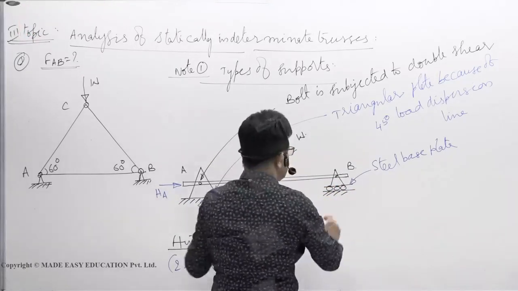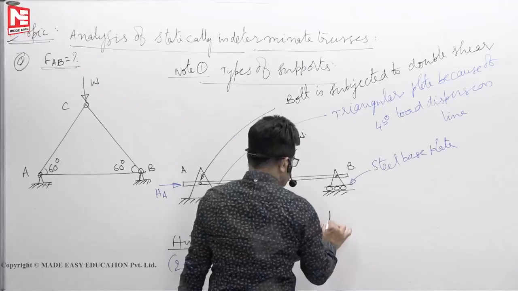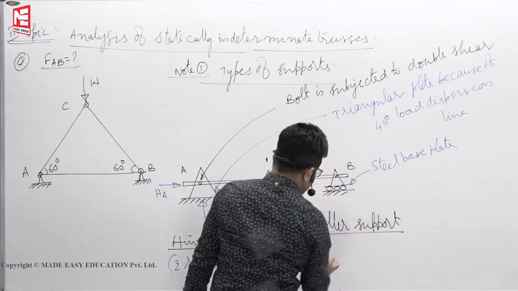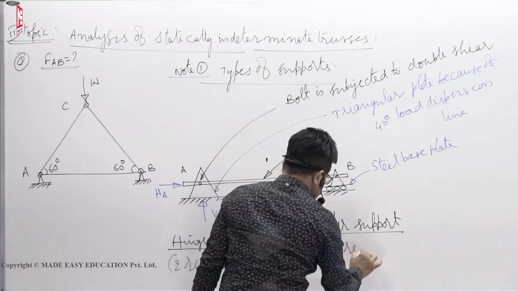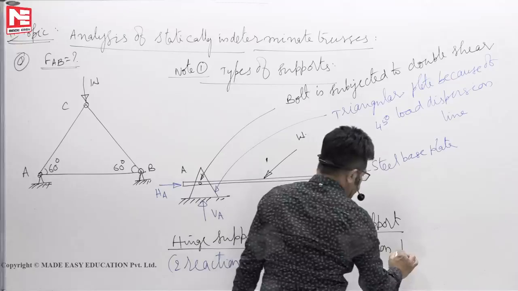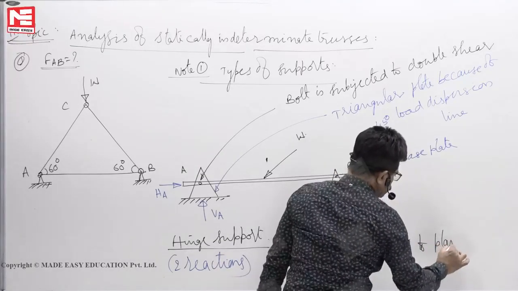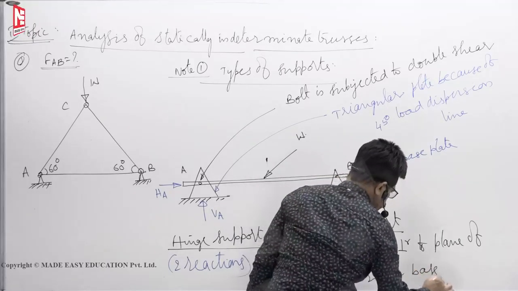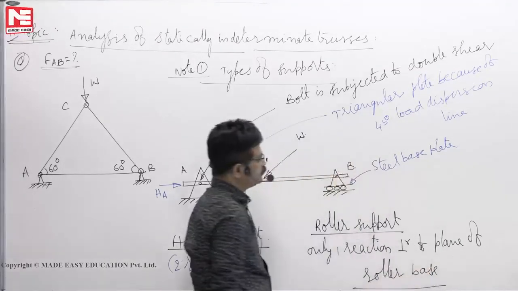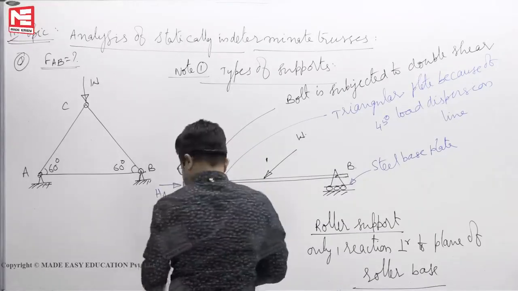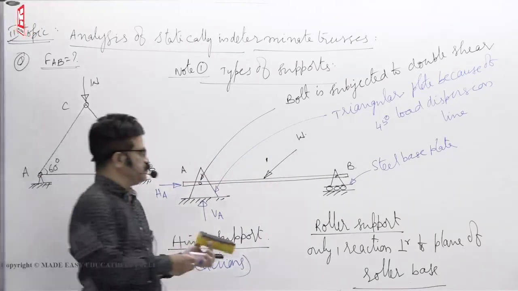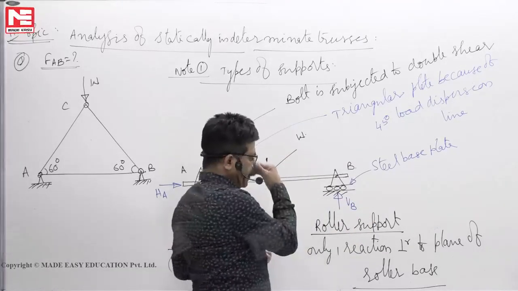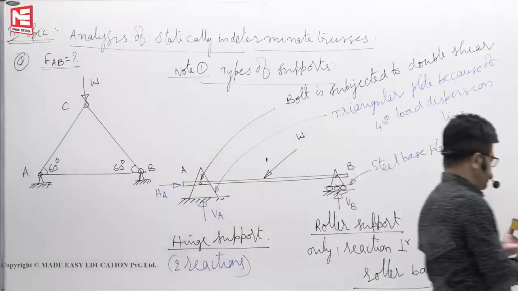So that means this roller support will exert only one reaction, perpendicular to the plane of the roller base. Okay, only one reaction is possible here, VB.